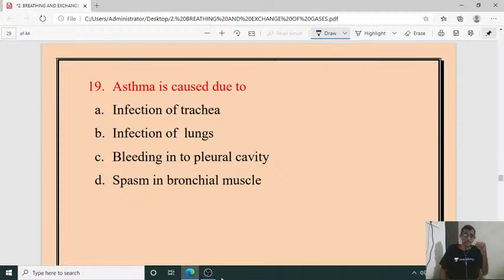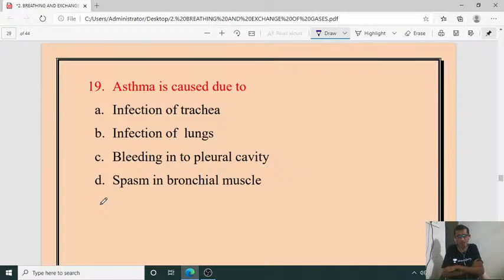19th one, asthma is caused due to what? What is the reason behind the causing of asthma? The options are infection of trachea, infection of lungs, bleeding into pleural cavity, and spasms in bronchial muscles. So asthma is a blockage in the case of bronchial muscles.